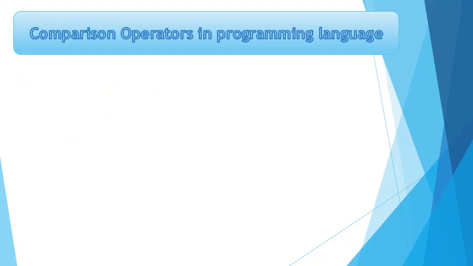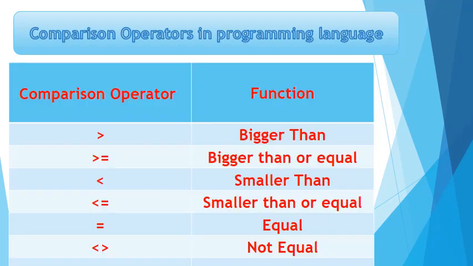I use branching also when I have a comparison. Let's see what the comparison operators are. The comparison operators are bigger than or equal, smaller than or equal, equal, and not equal. When I have these in the problem, I use the branching.